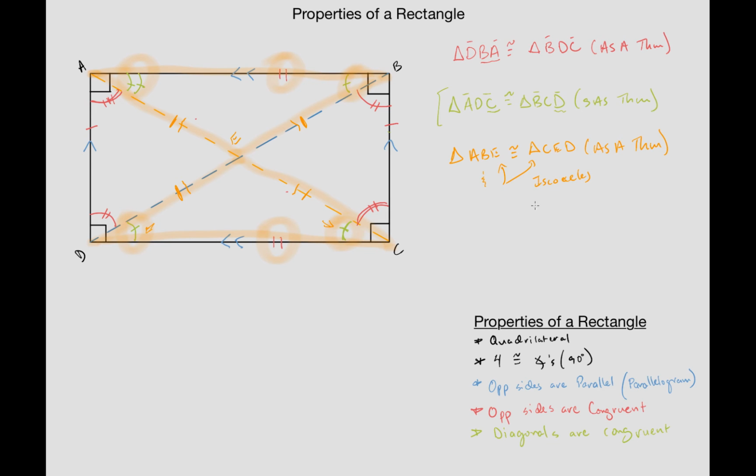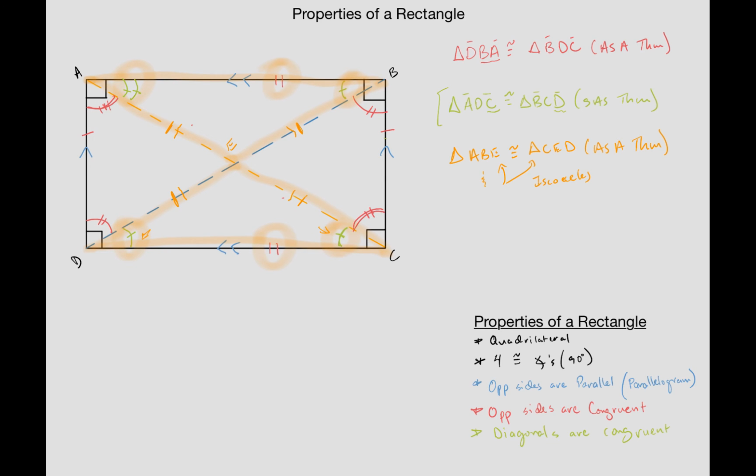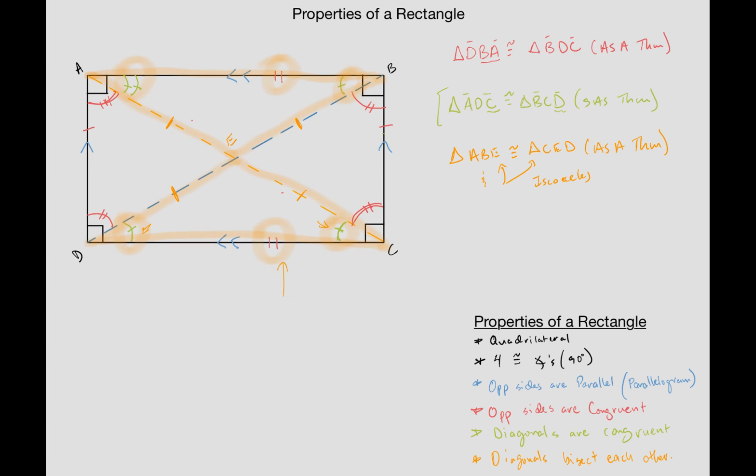Since they're isosceles, and we know they're isosceles because of these base angles here, we know that all those sides must be congruent. We can add that in and say that means the diagonals, in fact, bisect each other. And there you have it.